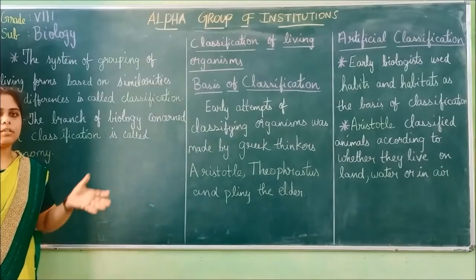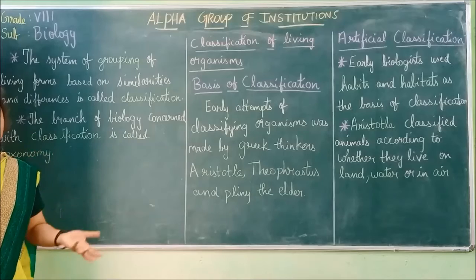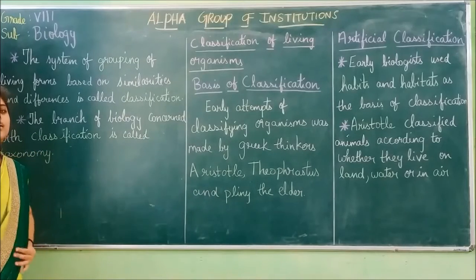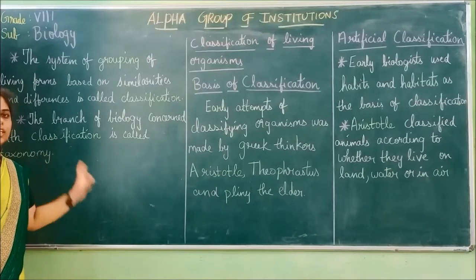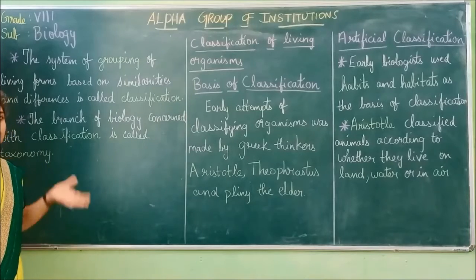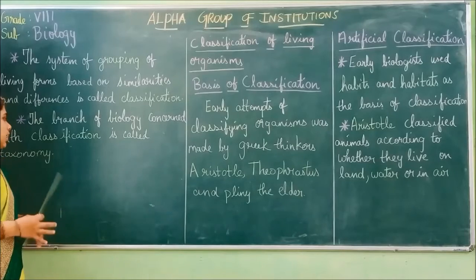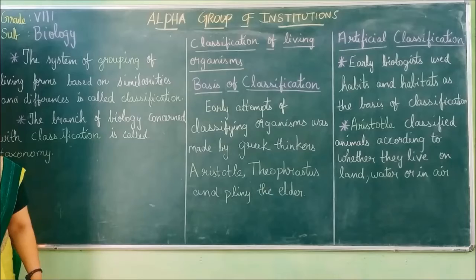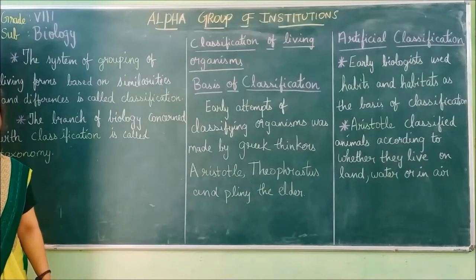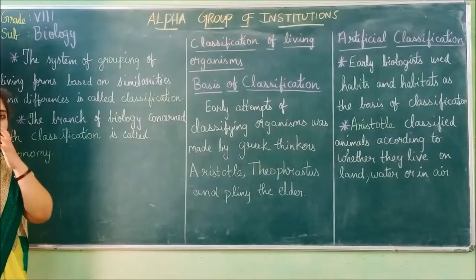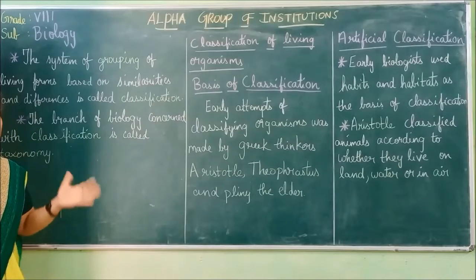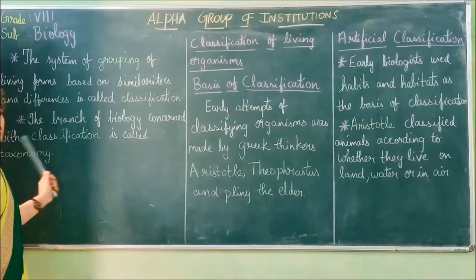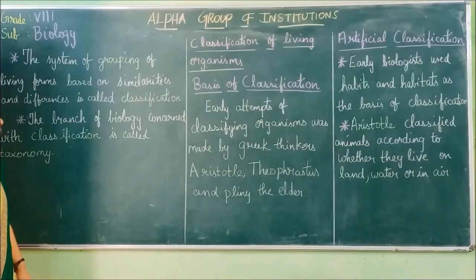So in taxonomy, how the organism is identified, how the naming is given to the organism, and how it is classified according to the groups, all these things are studied. People who are classifying all the organisms are called taxonomists. So the study of classification is called taxonomy.